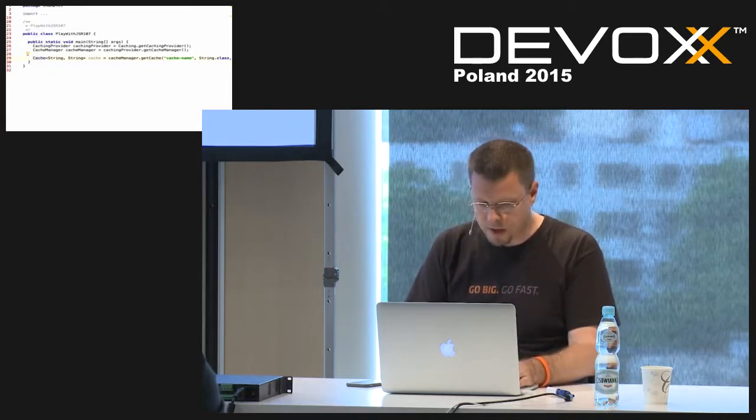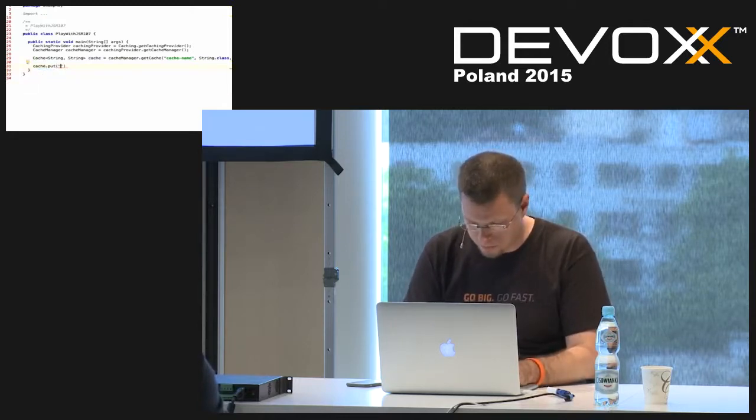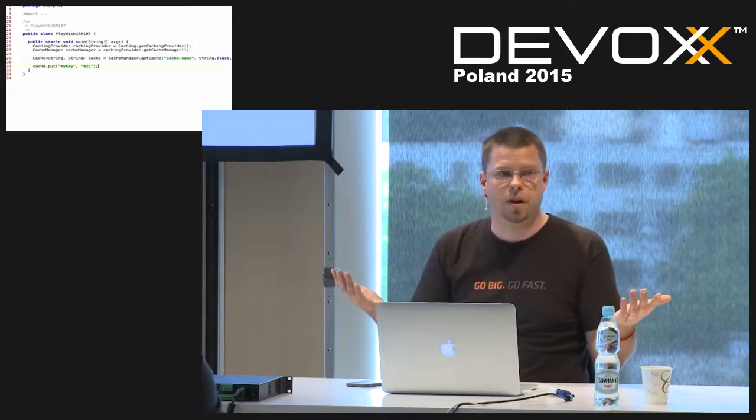So I've got my cache, and clearly here what I can do are the basic operations. So if I want to put something in it, the system will help me. So that's not valid because wrong type. And that's it. I've got an entry in my cache.